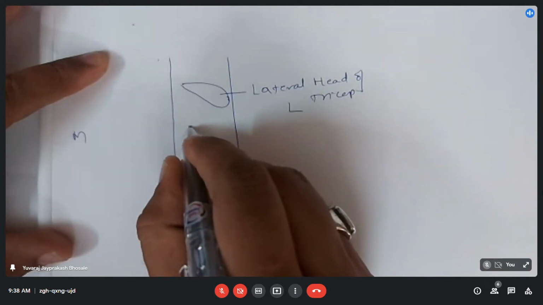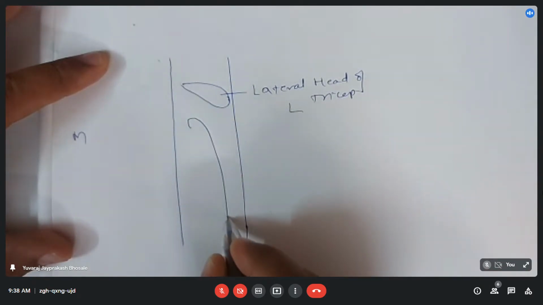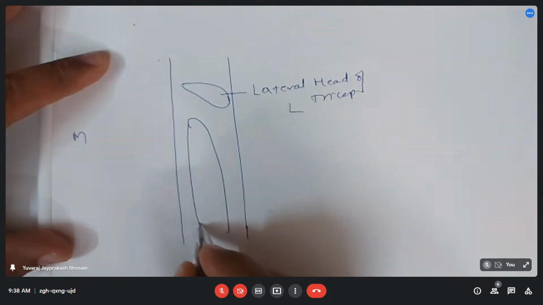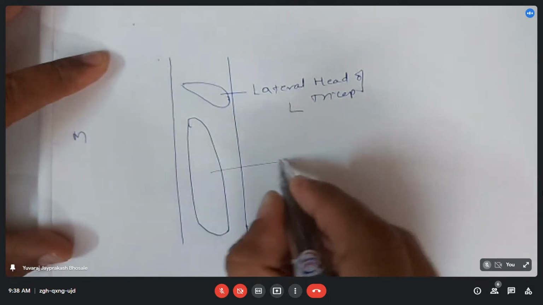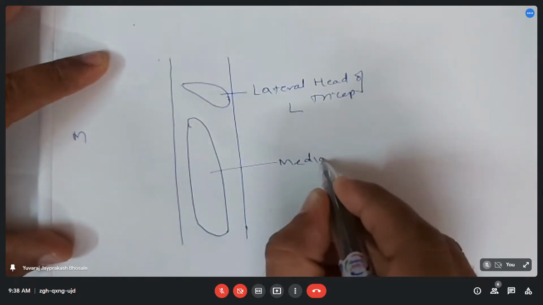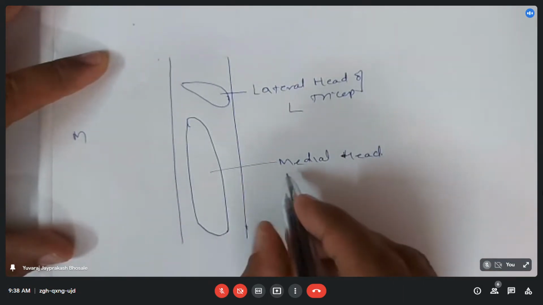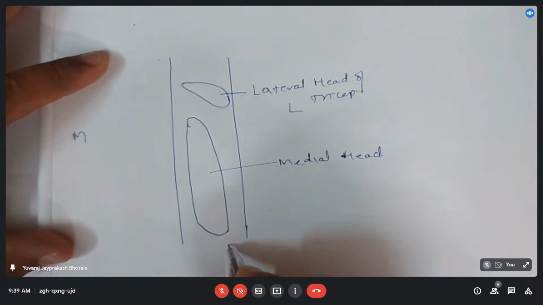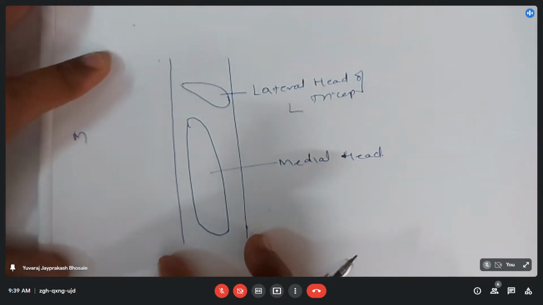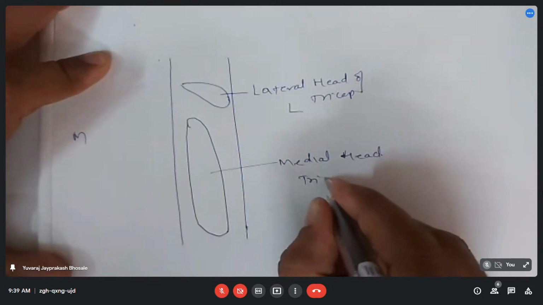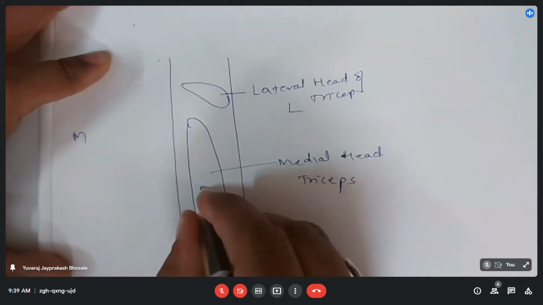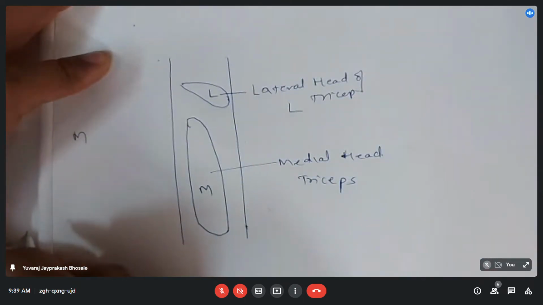And below that, there is the big origin of the medial head of triceps. There are three heads. Two heads arise from the posterior surface of the humerus. What I have drawn for you is the posterior surface of the humerus. So this is the medial head and this is the lateral.